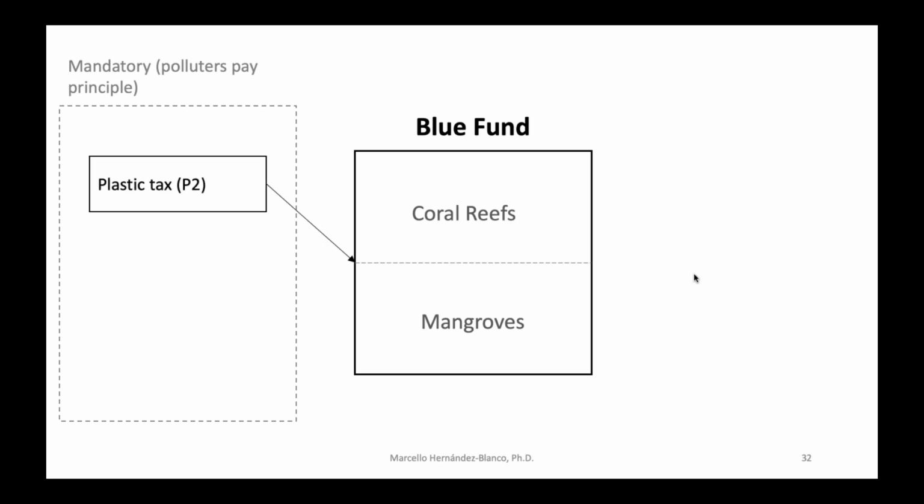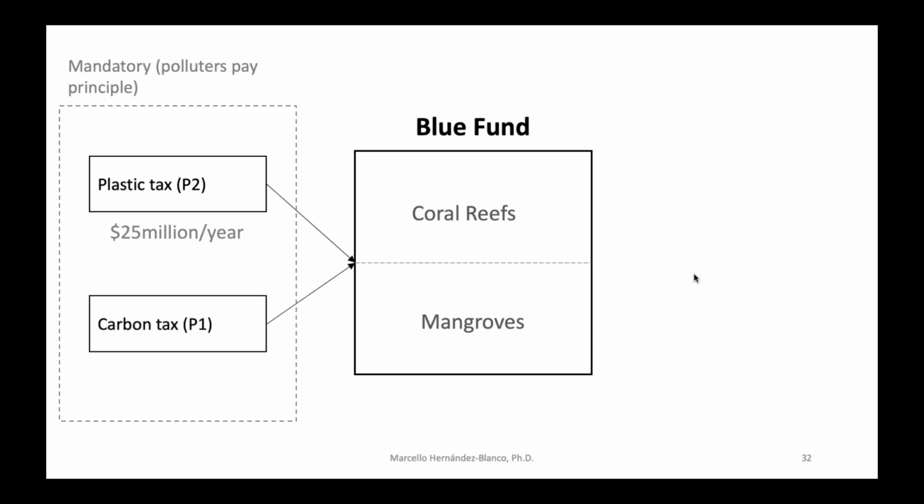We could have a plastic tax, for which we did a study here about a year and a half ago, and we determined that every year, if we tax specific products, not all products, we can have an income for the fund of around $25 million a year.